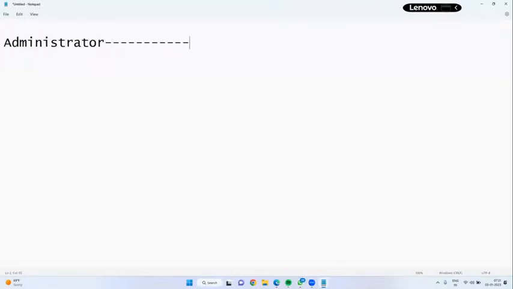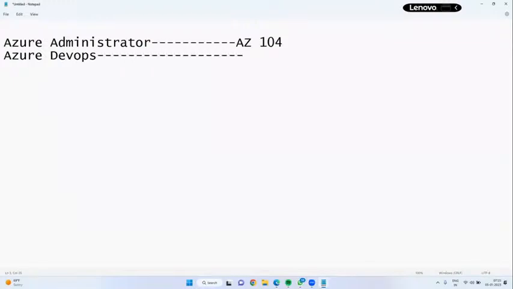The main ones I can suggest: the administrator certification paper is AZ104. Next, Azure DevOps, the certification paper is AZ400.